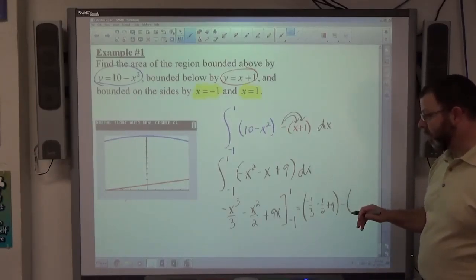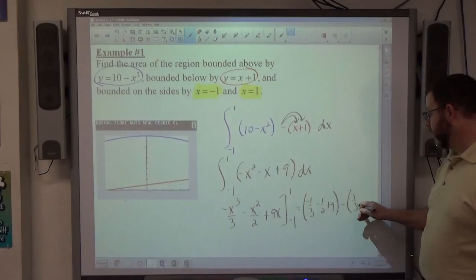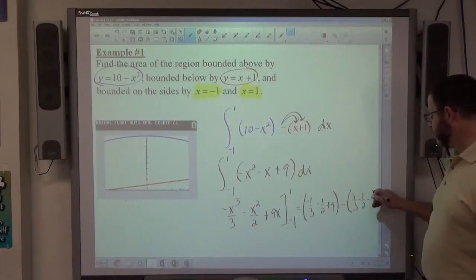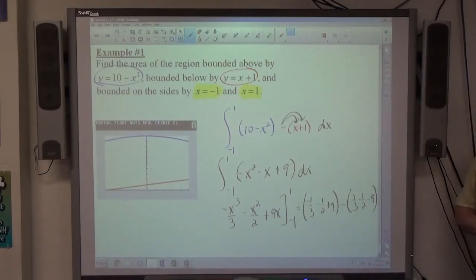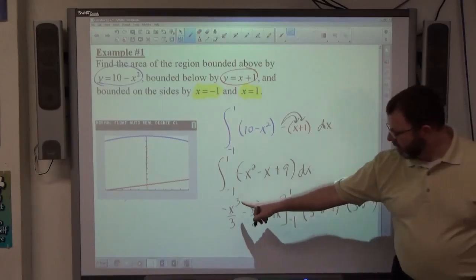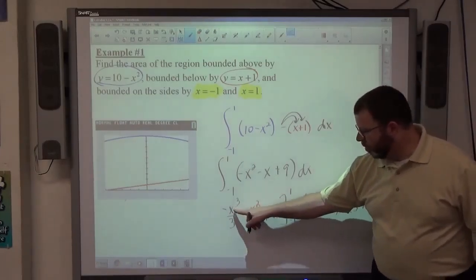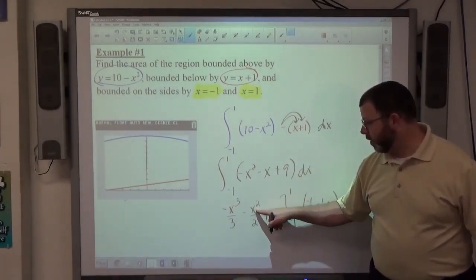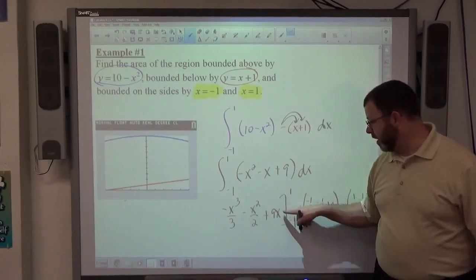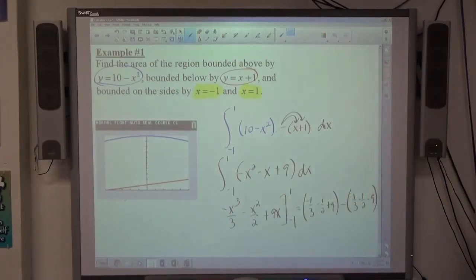minus, and if I put -1, I'm going to get positive 1/3 minus 1/2 minus 9. -1 cubed is -1, negative makes it positive, -1 squared is positive 1, negative keeps it negative, and -1 times 9 makes -9, right?